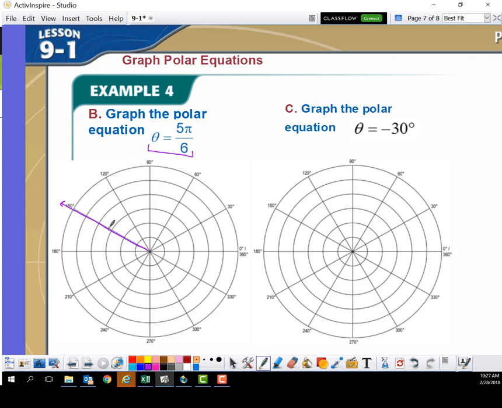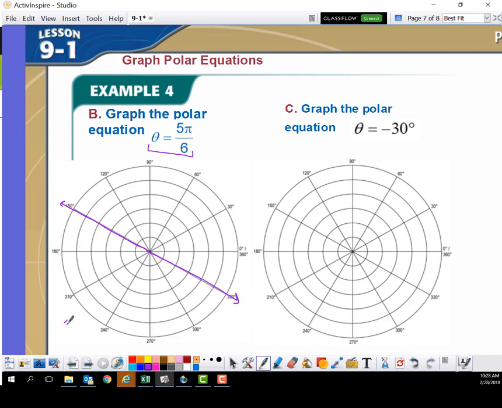But you remember from previous examples, you can actually have a negative directed distance as well. So we also have to keep that line, but we go back this way as well. Anything on this line would have a theta of 5 pi over 6. Anything on this part of the line in quadrant 2 would have a positive directed distance. Anything on this bottom part of the line would have a negative directed distance.